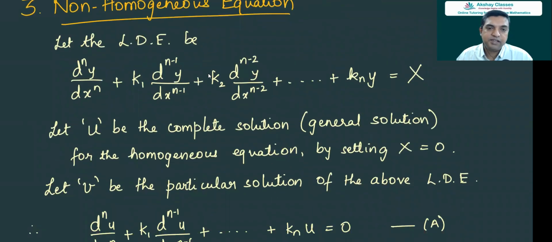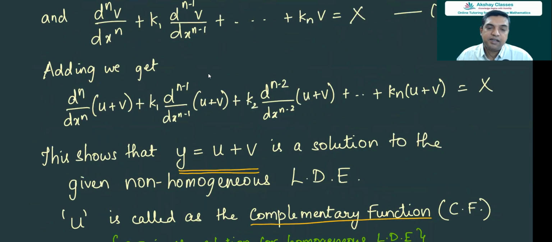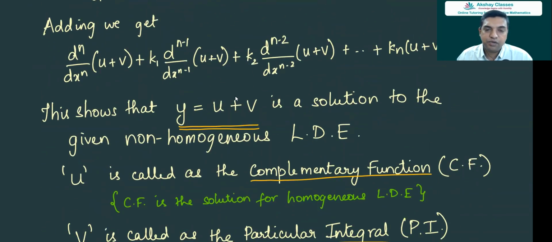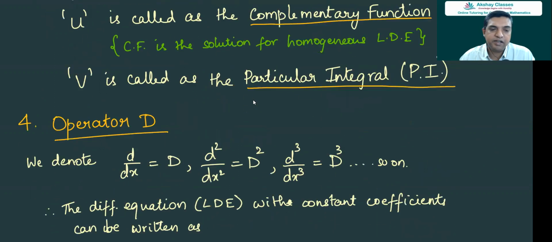And for the non-homogeneous equation, we can write the solution as two components. One is the solution to the homogeneous part, keeping the right hand side as 0. And when the right hand side is not 0, the particular function that solves the differential equation, that is v. So u plus v together will be the solution of the non-homogeneous linear differential equation. So u is called the complementary function and v is called the particular integral.